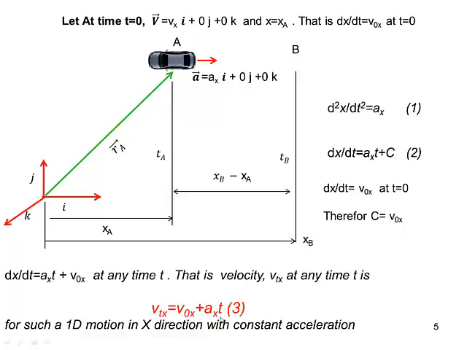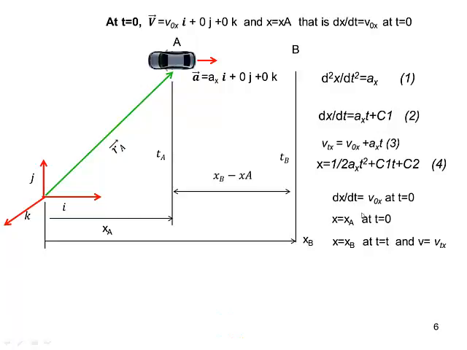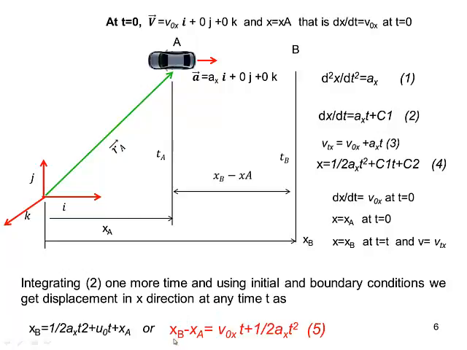Integrating equation 2 one more time and using initial and boundary conditions, we get displacement in x direction at any time t as xb minus xa equals v0x t plus half ax t squared, where v0x is the initial velocity in the x direction and ax is the x component of the acceleration vector.